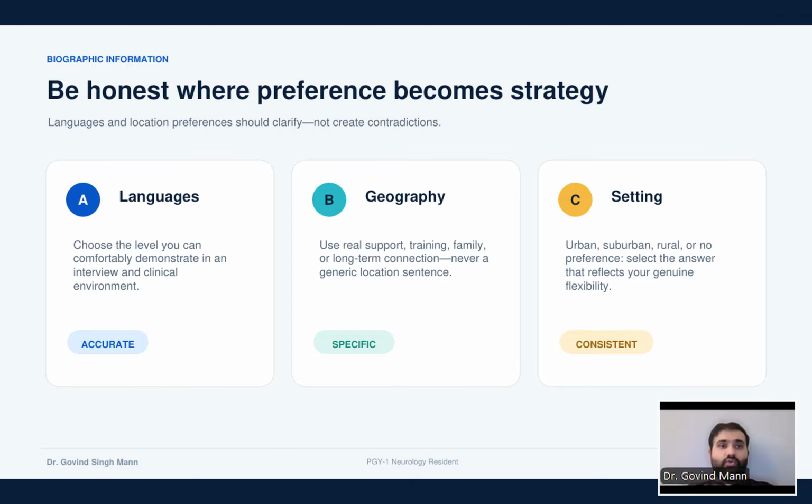When you say that you have a preference, that would really narrow down your chances. Let's suppose you have a strong family connection in New York. There's a high chance that you will get an interview from a New York program, and if everything goes well, you're going to match there as well. But programs across other states can also see a geography preference.